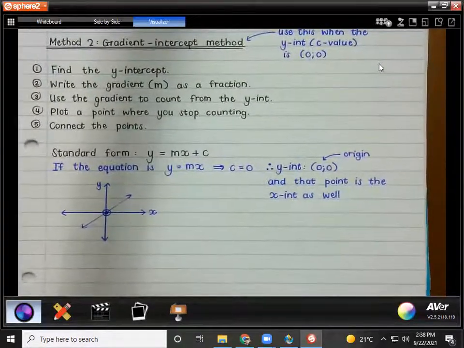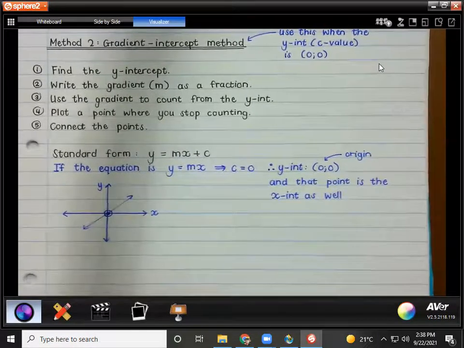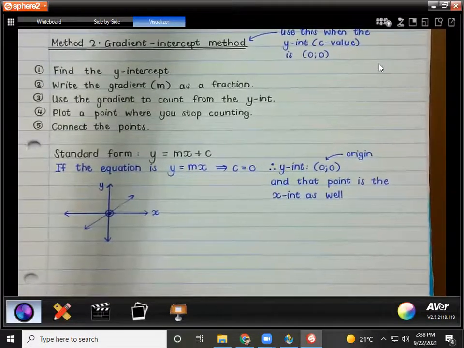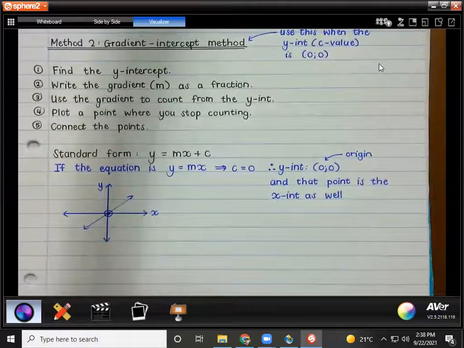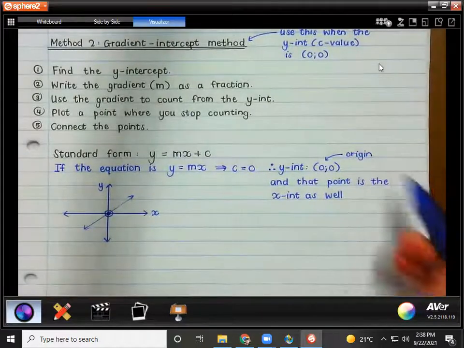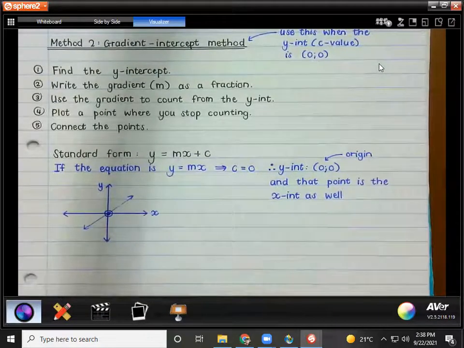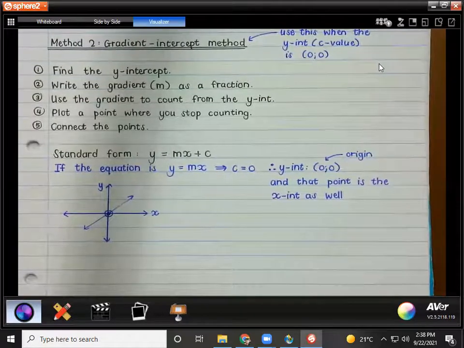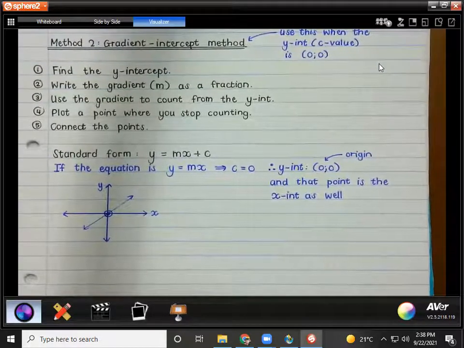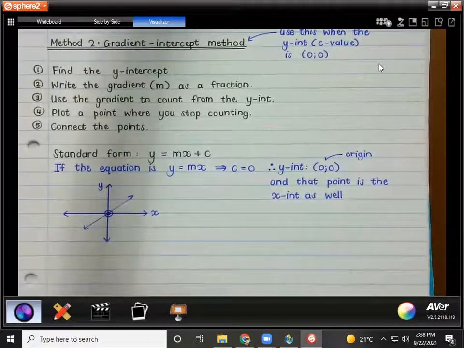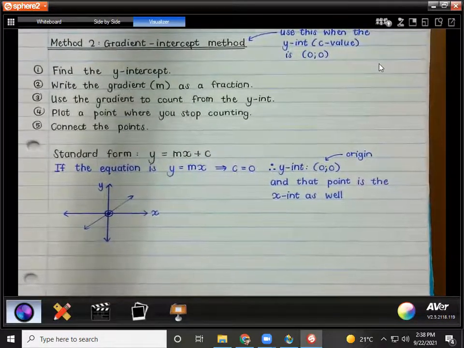Now, guys, if we want to use the dual intercept method, we have to have two separate intercepts. We have to have an x-intercept, which is one point, and a y-intercept, which is another point, so that we can connect the two points to get our line. If we have this situation where the one point is the y-intercept and the x-intercept at the same time, do I have two points there on that line? I only have one. So if that is the case, you cannot use the dual intercept method because there is actually only one intercept.